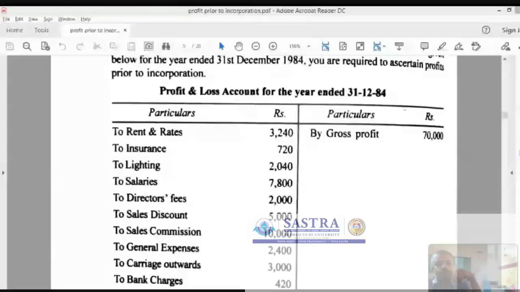510. Solomon, can you respond? Sir, on what basis should rent and rates be distributed? Sir, can you hear me? Yeah, I am able to. Tell me on what basis the rent and rates should be distributed.